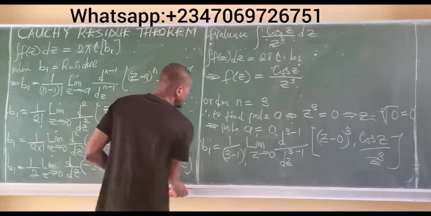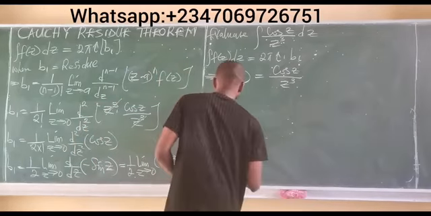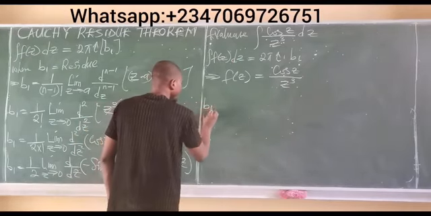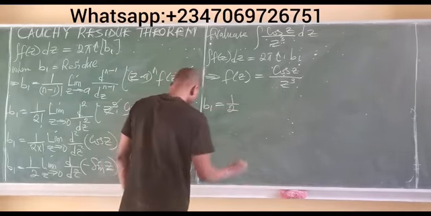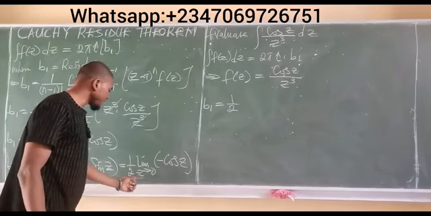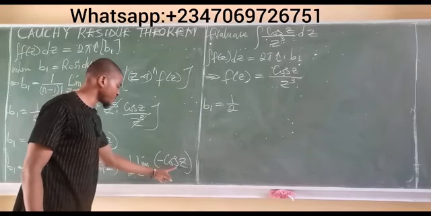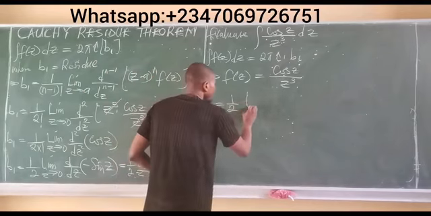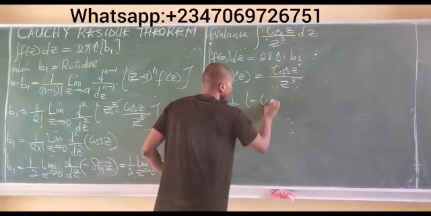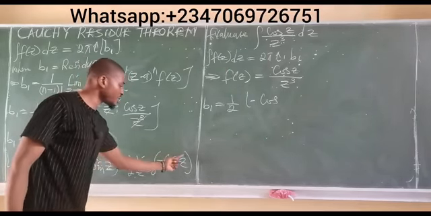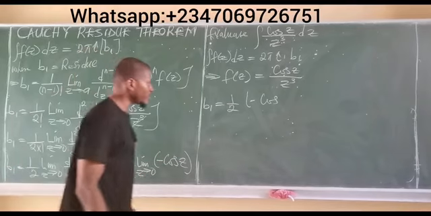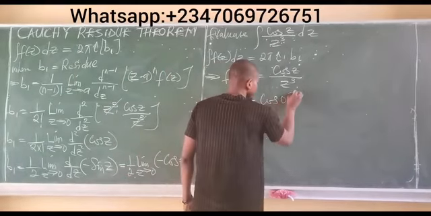Okay, so let's continue here. Alright, so b1 is now equal to, we have 1 all over 2, limit as z tends to 0 of cos z. Okay, so we simply have, put down your minus sign, cos, and now z is approaching 0, which means in place of z, you are putting the value 0. This becomes cos 0.